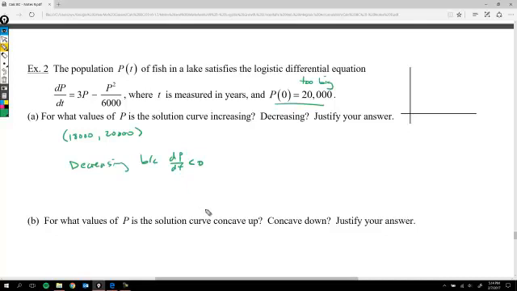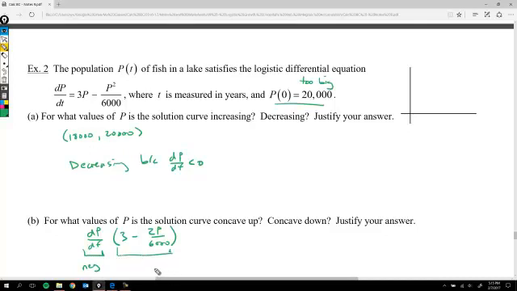Okay, then it asks me when I'm concave up, and I know some things here. Keep in mind that this is what I found to be my second derivative. Now in this case, my first derivative is always going to be negative in my given range here. And same thing here.